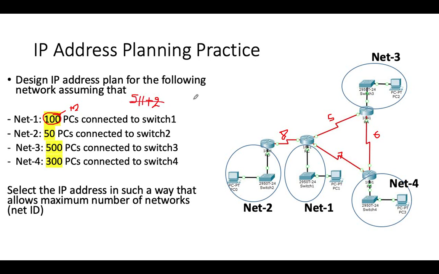If Cisco asks you for 32 devices, 32 gives me 2 power 5, which is 5 bits only. However, in truth you need to add 2 here as well. So you need 34.